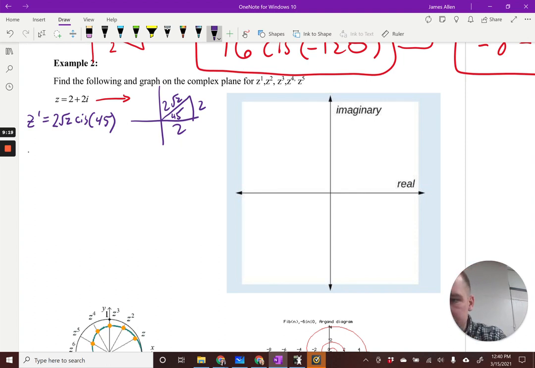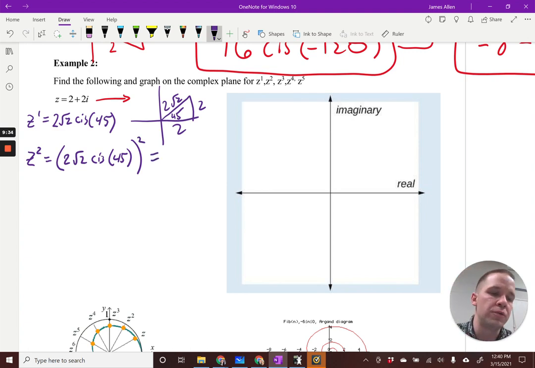So z squared is 2 root 2 cis 45, squared, and then that's going to give me, well, 2 root 2 squared. 2 squared is 4. Root 2 squared is root 4, which is 2, so that gives me 8. All right, you got to be very careful with your radicals. And then I have cis, 45 times 2 is 90.